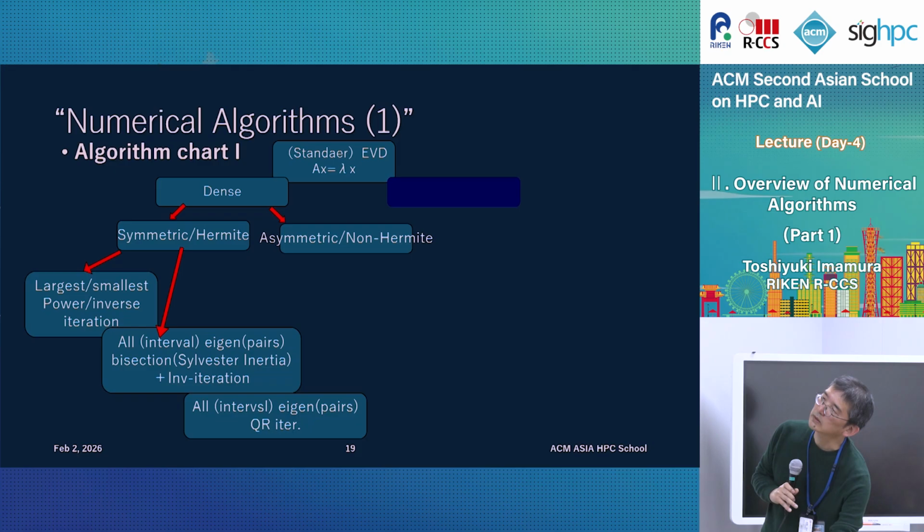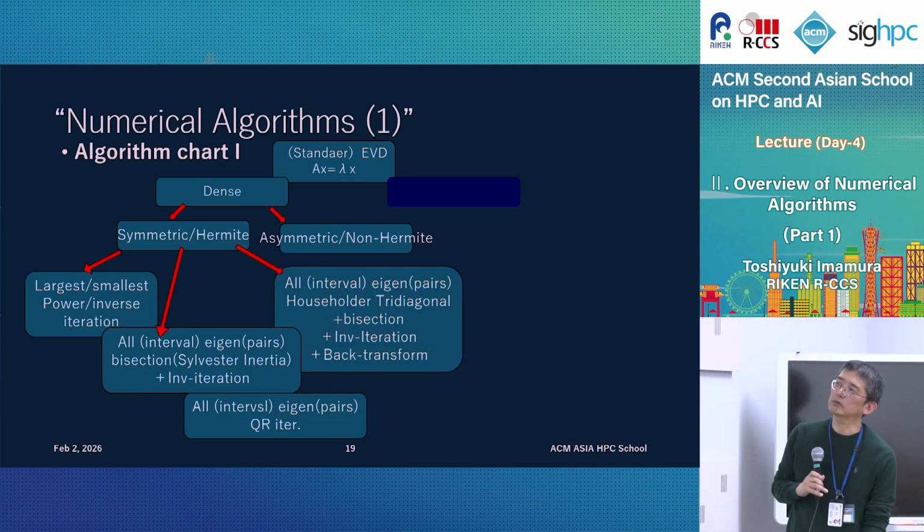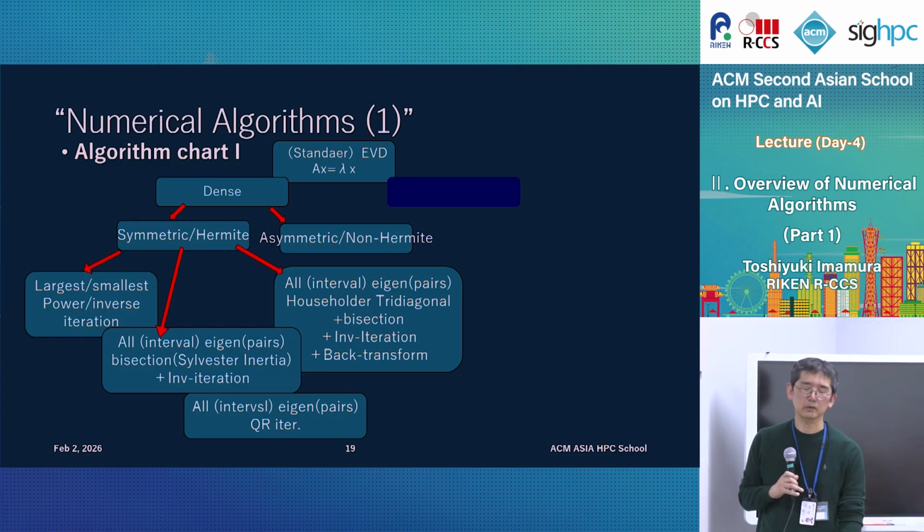Okay, so another case, all eigenvalue and eigenvector pairs. For that, QR iteration. I will show this algorithm later. And if we need to solve a very huge matrix, we need access to a parallel computer system.